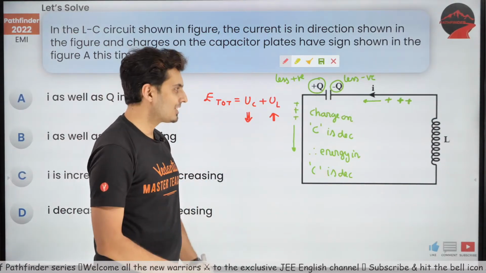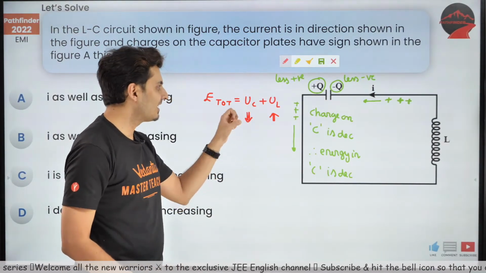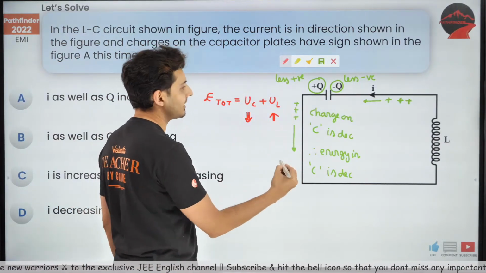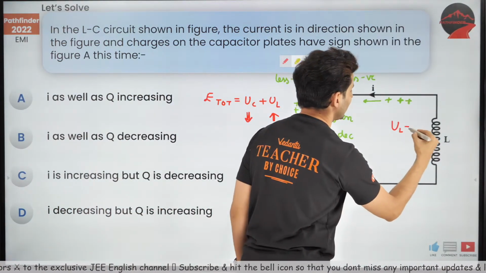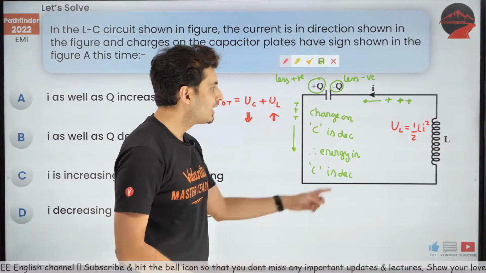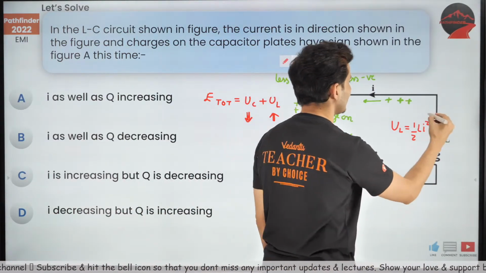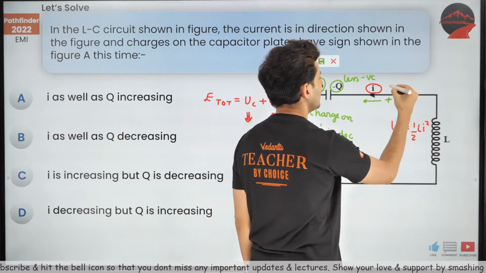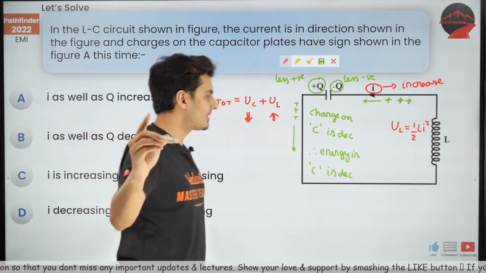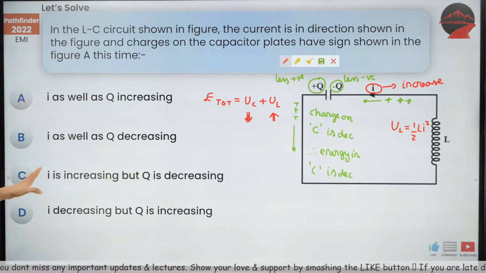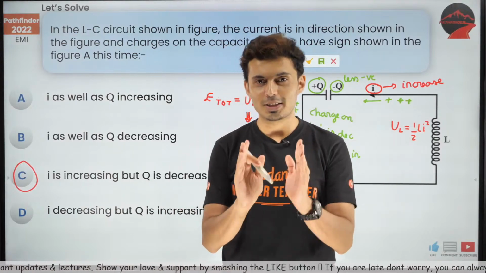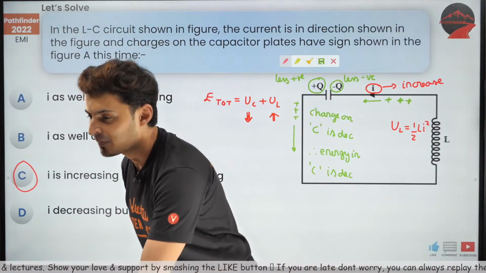And what is the energy of an inductor? The energy stored in an inductor is half L i square. So if the energy in the inductor increases, that means this current should increase. Understood? Hence, the charge is decreasing and current is increasing, which is option C. Straightforward, logical, beautiful conceptual question.